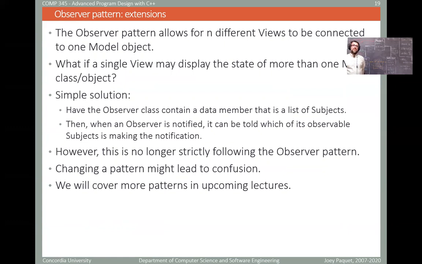What if you want the inverse, where you have one view that is connected to many model objects? What you can do is augment the observer pattern and include a list inside of the observer itself, somehow implementing this N-to-M relationship.